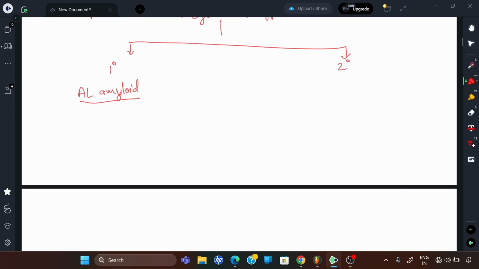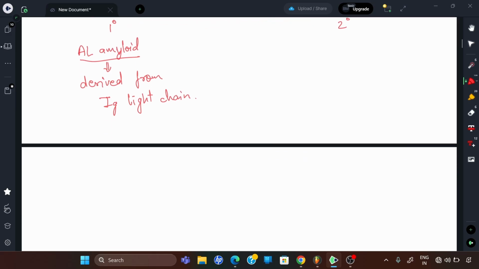So as the name is clearly indicative, this AL amyloid will be derived from the Ig light chain, right? The immunoglobulin light chain. So what happens is basically in the plasma cells, what we usually see is that the heavy chain to light chain ratio is 1:1.